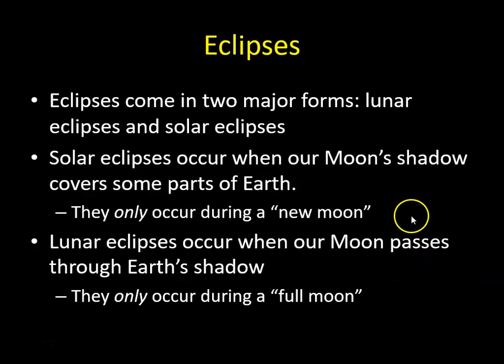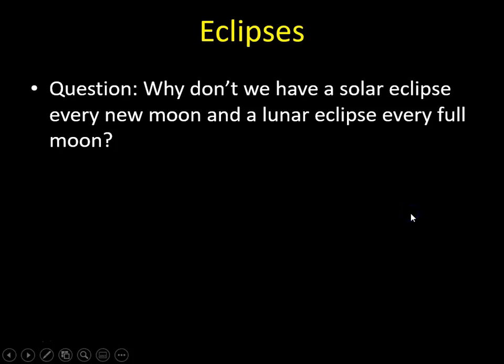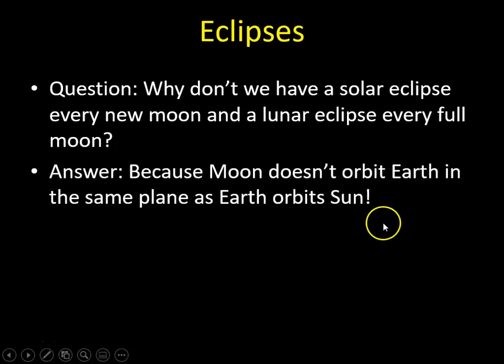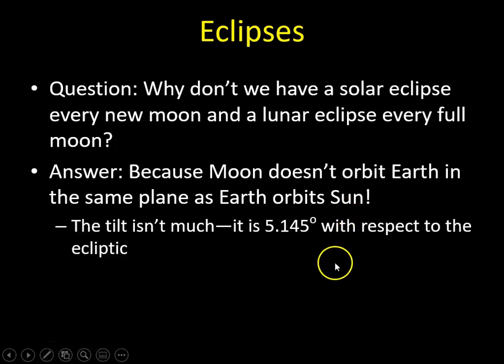So back to the original question, why don't they always happen? The answer is because our moon's orbit is tilted with respect to Earth's orbit around the sun. In other words, the plane of the moon's orbit is not exactly the same plane as Earth's orbit around the sun. It's about 5 degrees. But remember, our moon is half a degree in angular size.